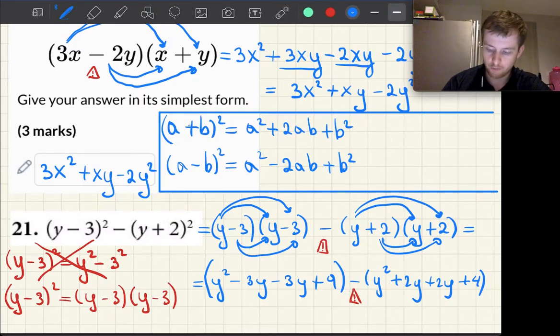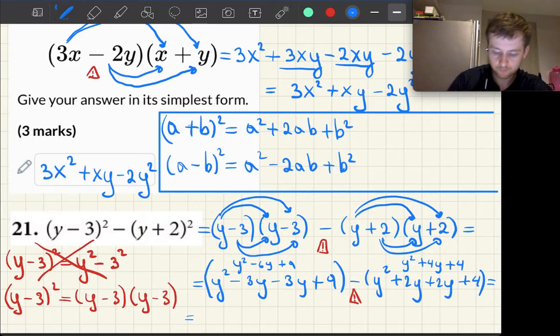So I will show you what I mean. Let's actually simplify it a little bit before we open the brackets. So we're gonna have y squared minus 6y plus 9, and here we're gonna have y squared plus 4y plus 4. And now these brackets, we can just open them. Nothing is going to change because there's no minus here, right?